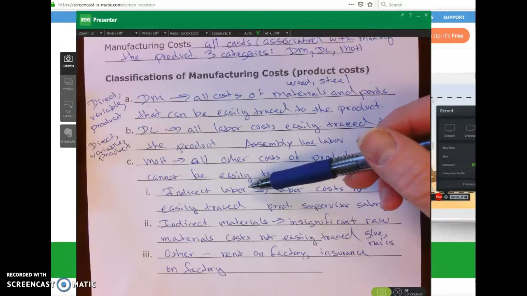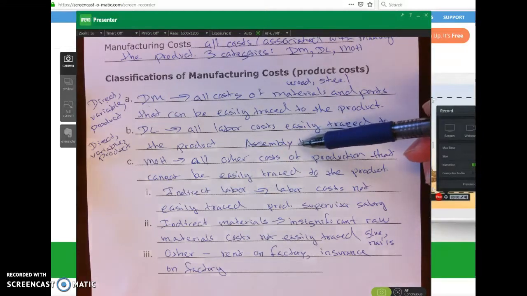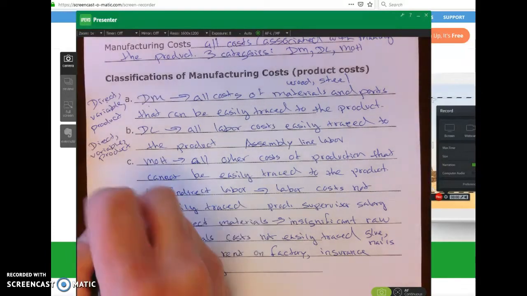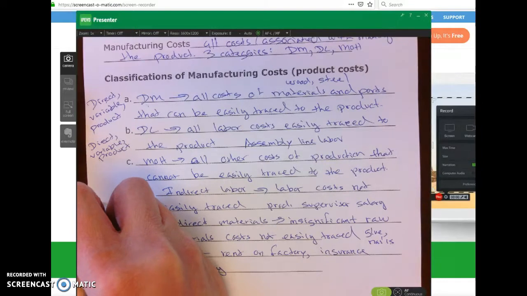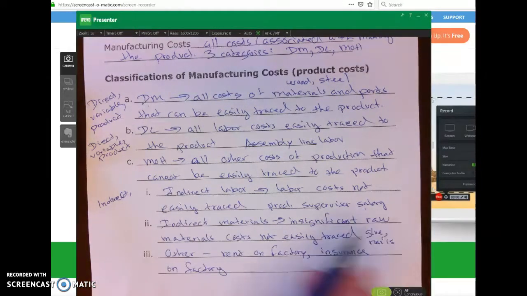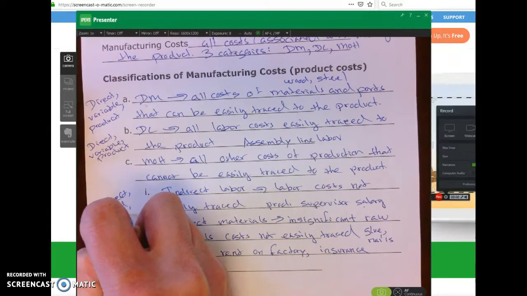For indirect labor, we could have a production line supervisor in the factory who's watching over all the assembly line workers. His or her salary would be considered indirect labor, but if they're paid by salary, that would be a fixed product cost.